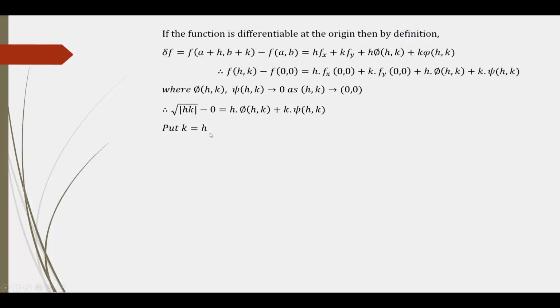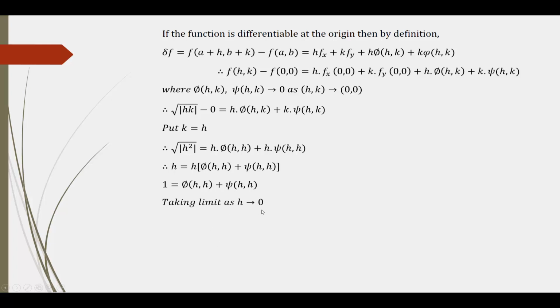Now put k = h, that is, use the path y = x, so k = h. We get square root of h into h, so square root of mod of h square, equals h into phi(h) plus h into psi(h). Square root of h square means only h, so h common inside the bracket, phi(h) plus psi(h). Cancel h, and we get 1 equals phi(h) plus psi(h).